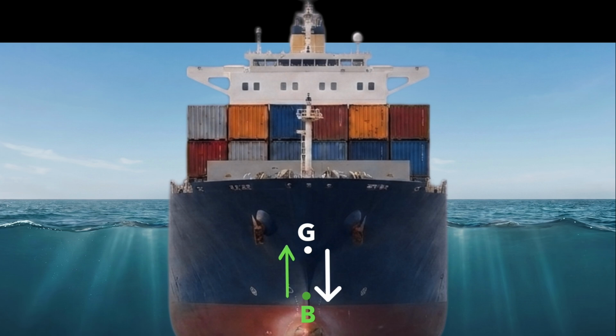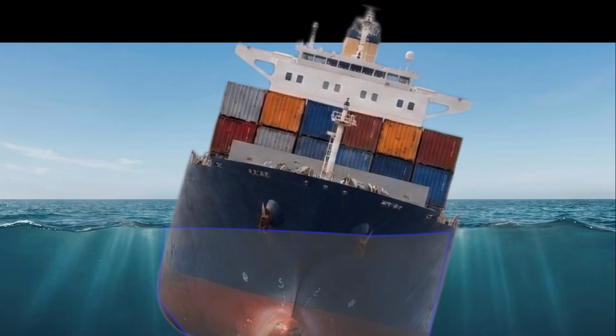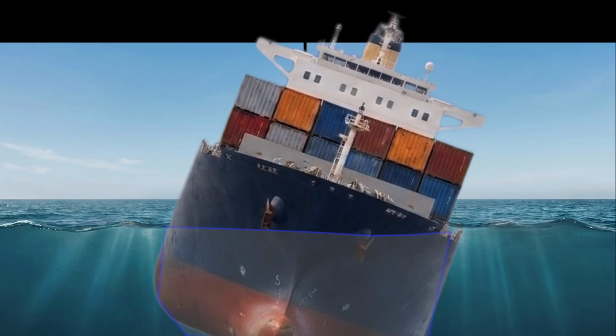When the ship is floating upright, these two forces are aligned in the same vertical line, and the ship remains balanced. When a ship tilts, the underwater volume changes shape. Because of this, the center of buoyancy shifts sideways. The weight still acts downward through the center of gravity, but the buoyant force now acts upward through a new shifted position of the center of buoyancy.